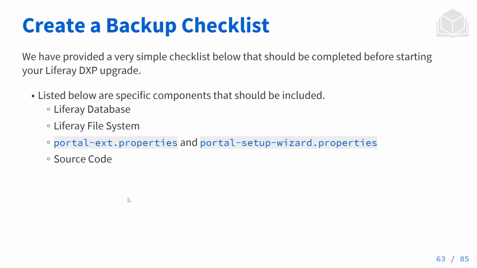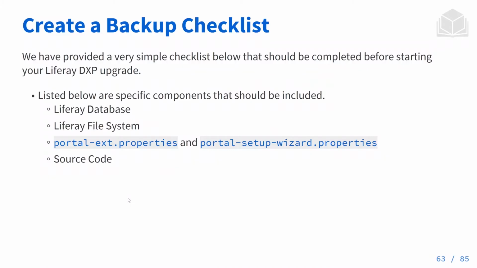So we listed off a couple of things. Let's be a little bit more formal about it. What are some of the things that you should back up? Of course, your Liferay database, right? You've got to have that since that's going to be sort of the nucleus. A lot of what we're going to do is around that. You're going to want the Liferay file system, right? If you can get the whole directory of Liferay home, by all means grab it, right?